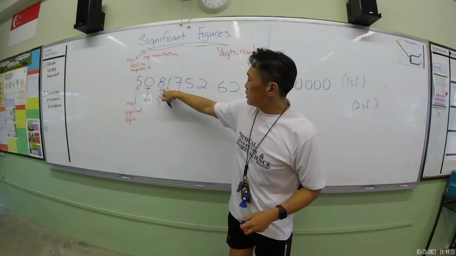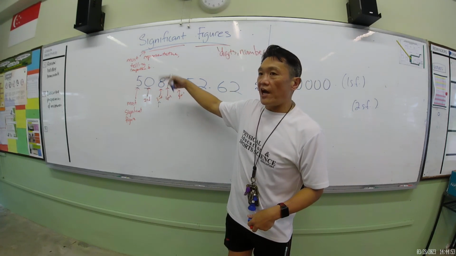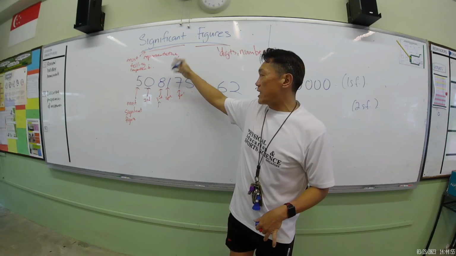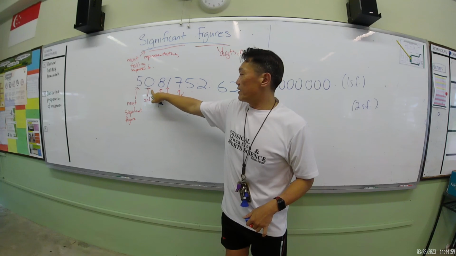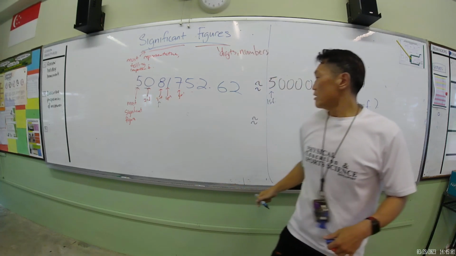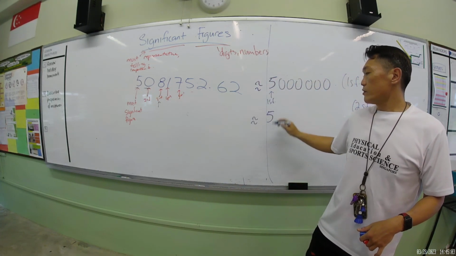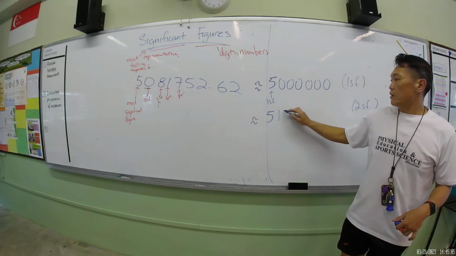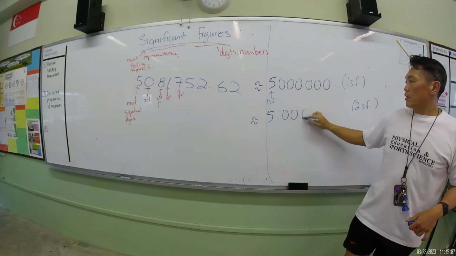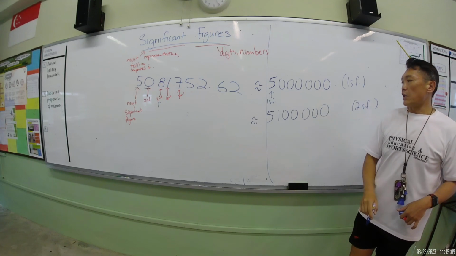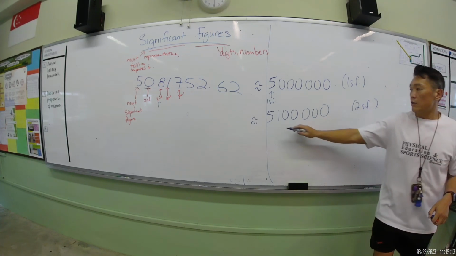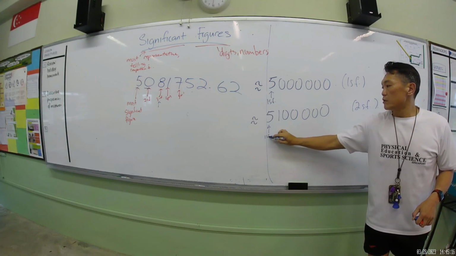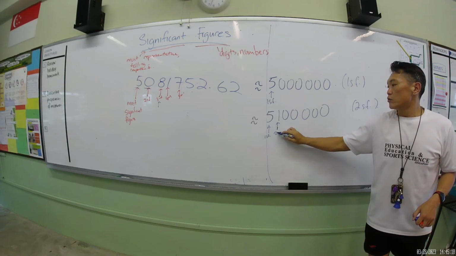So the third digit now is 8. It is 5, 6, 7, 8 or 9. So I must round up my second most significant figure. So it is roughly 5,100,000, if I were to round it off to 2 significant figures.